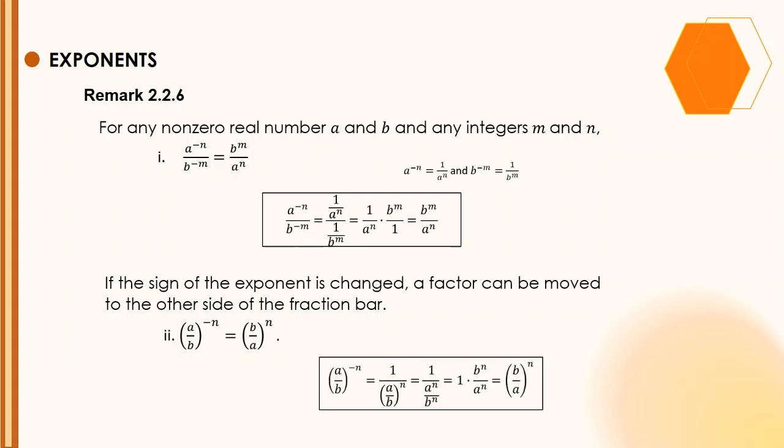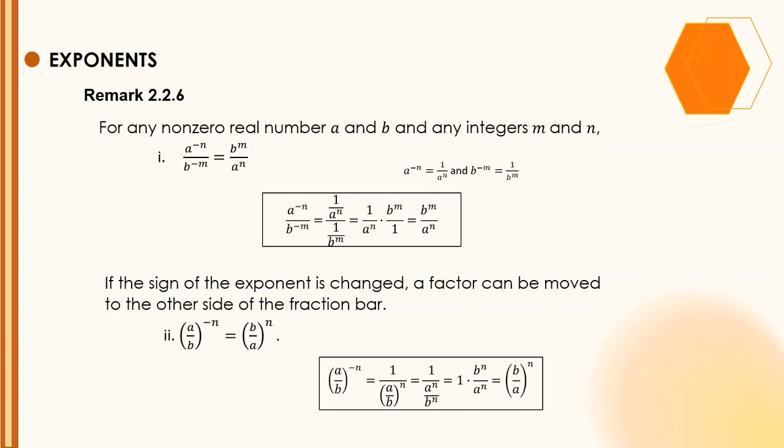Paano ba sila naging equal? That is, (a over b) quantity to the power of negative n is equal to 1 over (a over b) quantity to the power of n. I-distribute ang exponent, that will be equal to 1 over a to the power of n over b to the power of n.